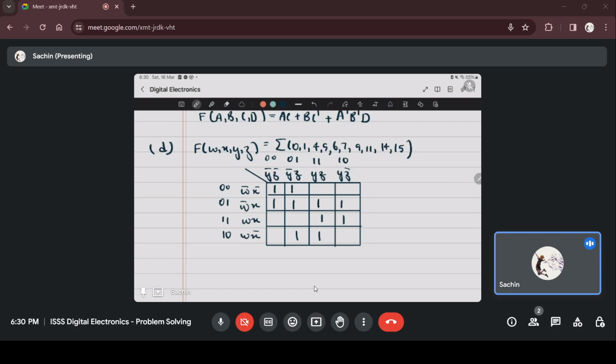And the essential prime implicants are this quad, which is W prime Y prime, and this quad, which is XY, and the remaining ones can be covered in multiple ways.